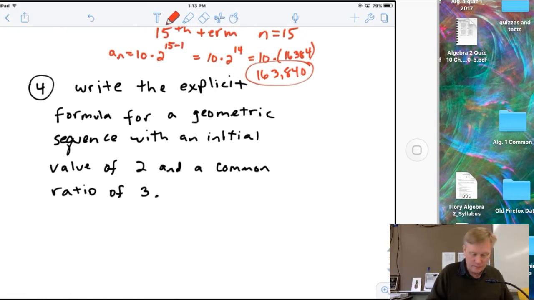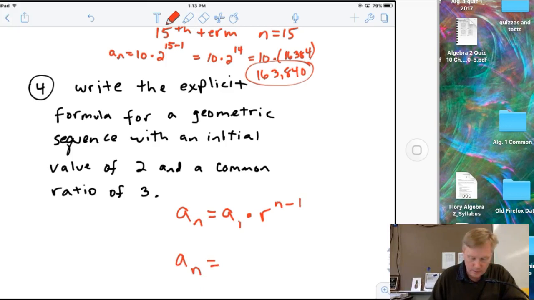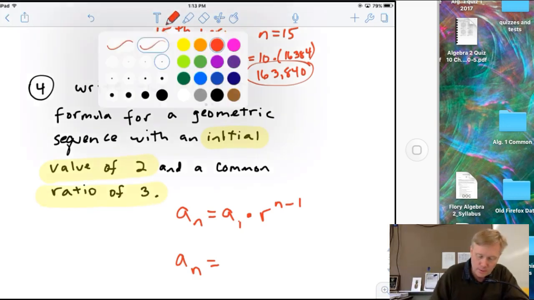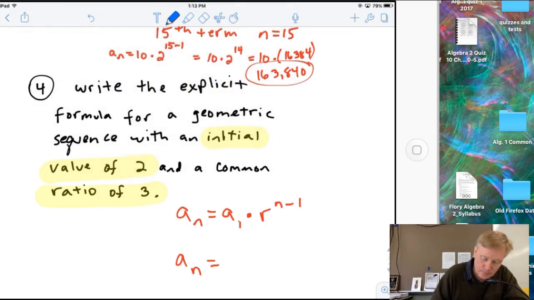If I take that formula, a of n equals a of 1 times r to the n minus 1, initial value of 2, common ratio of 3, which means a of 1 is 2, r is 3.